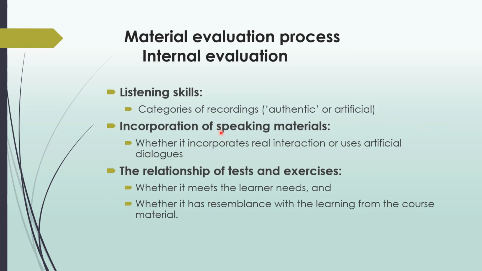And then listening skill: we need to look at the categories of recordings, whether the listening materials are authentic or just artificial, made and prepared, and lacking authenticity. And the incorporation of speaking materials: whether there is real interaction or whether the dialogues included there are artificial. We need to evaluate that particular one.